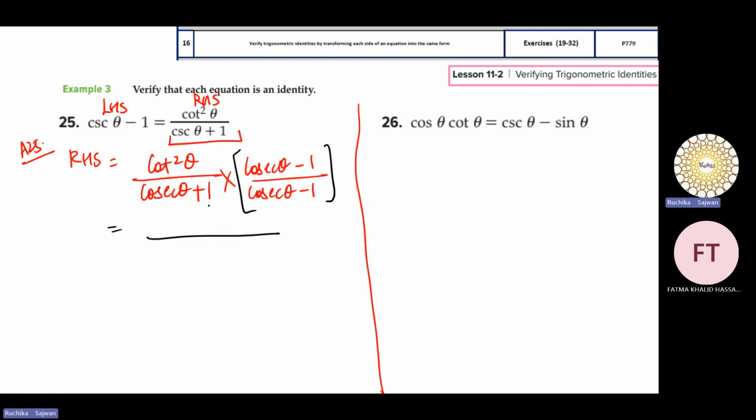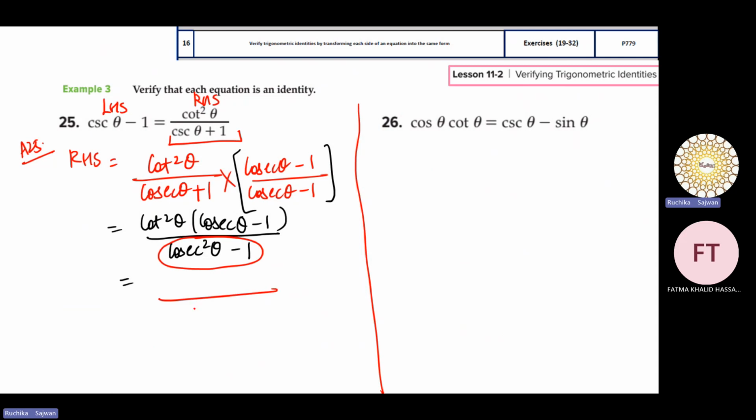So in the denominator, after rationalization, you will get cosecant square theta minus 1. And in the numerator, you have cot square theta times cosecant theta minus 1. Fine. Now look at the denominator. Are you getting some Pythagorean identity?